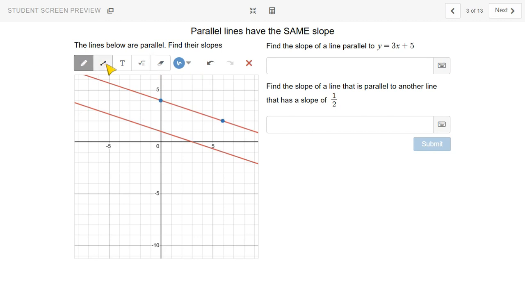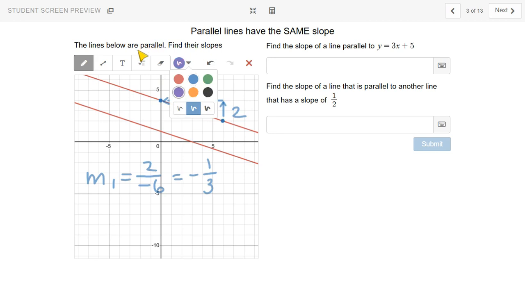So the first one here, I'm going up by 2 units, and I'm going to the left by 6 units, -6 units, and up by 2. So my first slope, m1, is equal to 2 over -6, and I'm going to reduce that to -1 over 3.